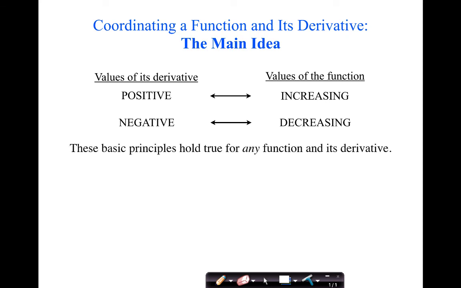And this is for any function and its derivative, whether I have an accumulation function and its rate of change, like height and velocity, or something that's already a rate function and how that rate is changing, like velocity and acceleration. Same principles hold about the patterns between increasing and decreasing for the main function we're talking about, and positive versus negative for the rate of change of that function.